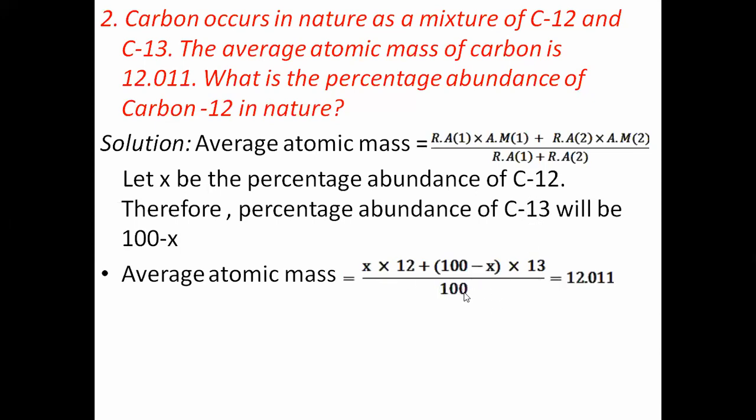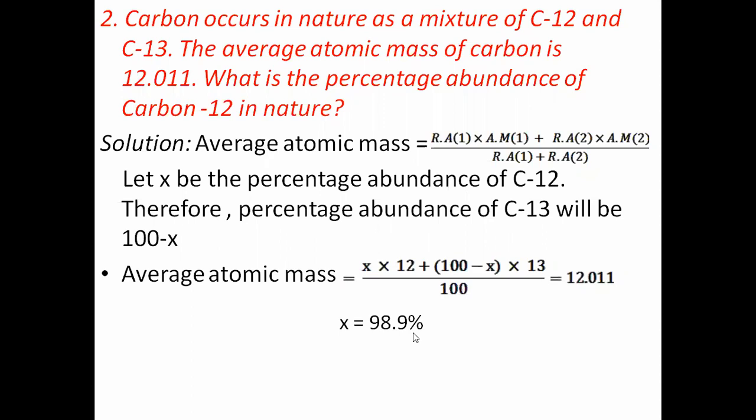I hope you can understand why we have written 100. Total relative abundance, that is 100, will be equal to the average atomic mass, which is given to us in the equation, that is 12.011. Now we can just simplify this and we'll get the value of X. So X will be equal to 98.9%.